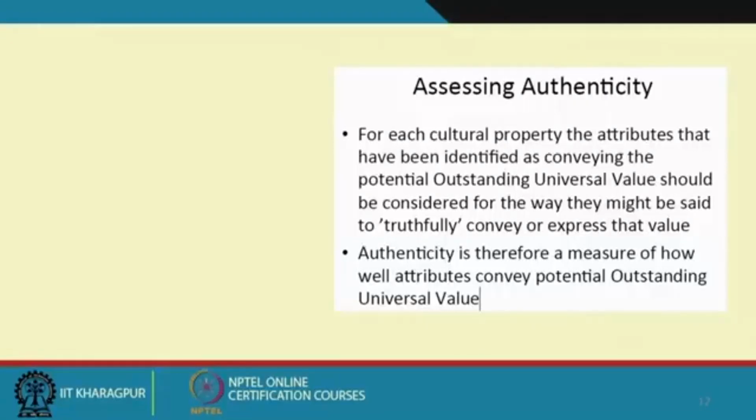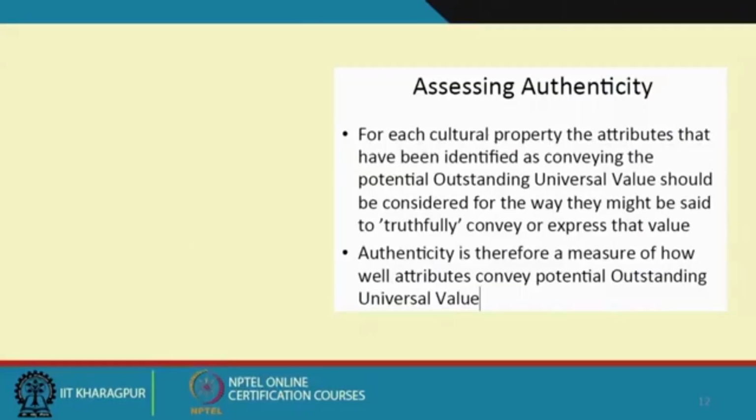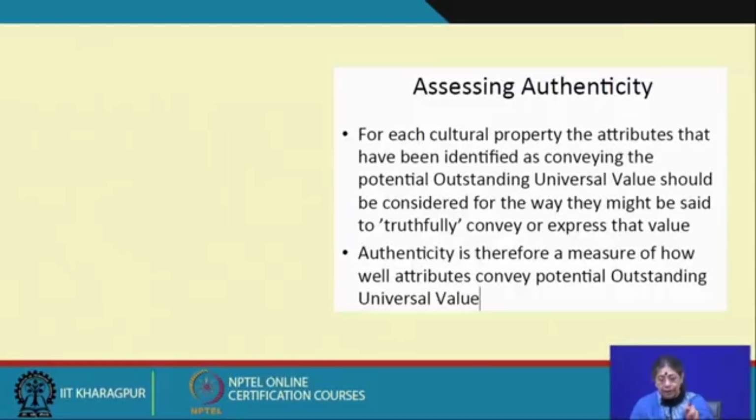Assessing authenticity means that for each cultural property, the attributes that have been identified as conveying the potential value, in case of a World Heritage Site the outstanding universal value, should be considered for the way they might be said to truthfully convey or express that value. Authenticity is therefore a measure of how well the attributes convey the potential outstanding universal value.